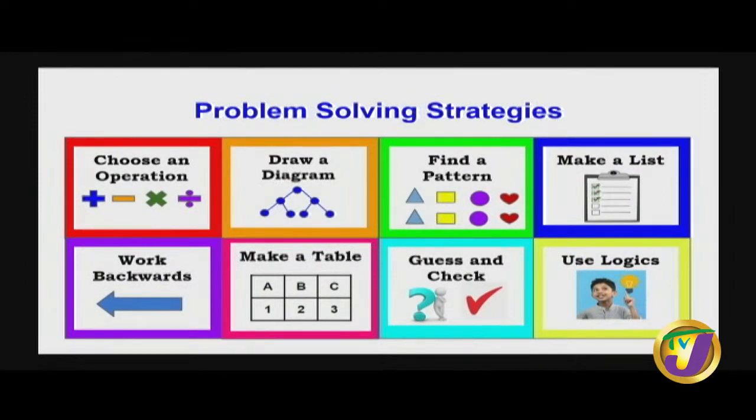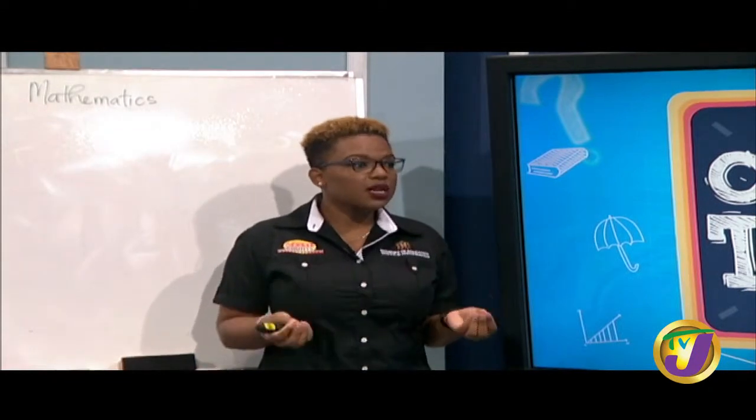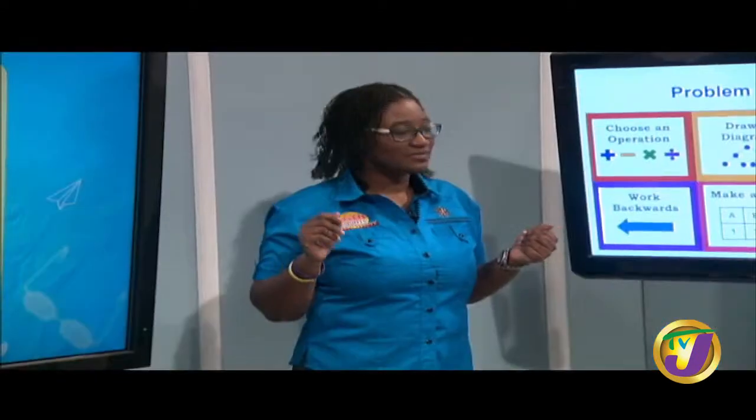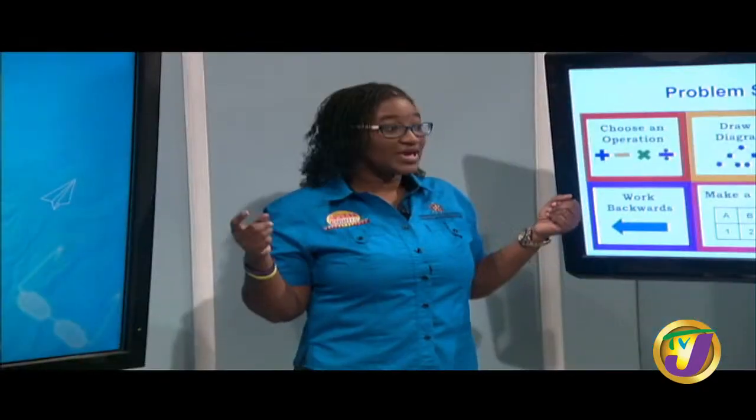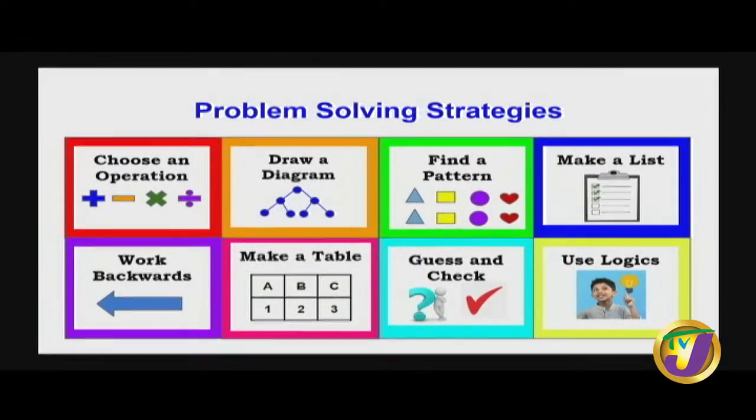So you may need to draw a diagram. And I always say, if you can draw it, it makes it a little bit easier for you because you can see. The visual is important. You may want to find a pattern. Make a list. With your pattern, drawing and choosing of an operation or whatever else you need on your list. You may want to work backward based on how the information is given.